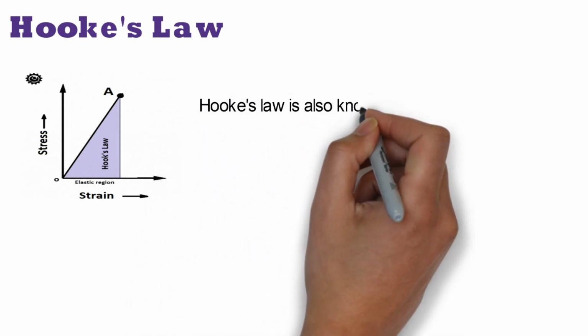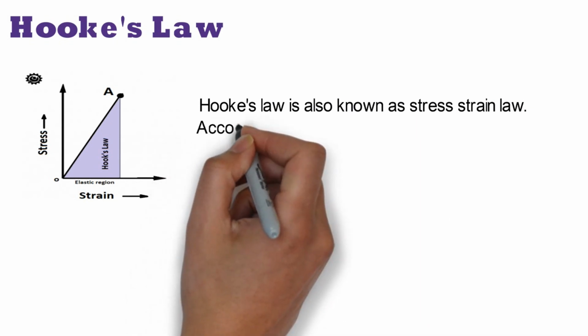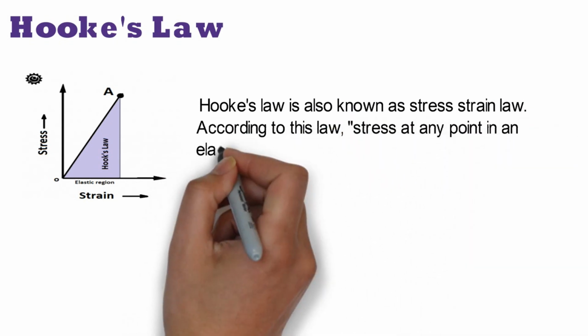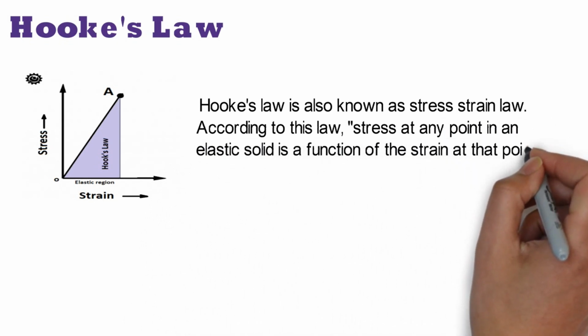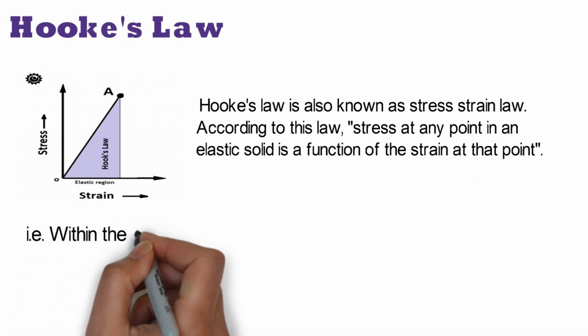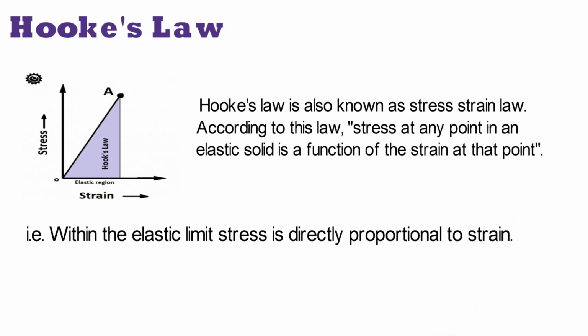Hooke's law is also known as the stress-strain law. According to this law, stress at any point in an elastic solid is a function of the strain at that point. Within the elastic limit, stress is directly proportional to strain.